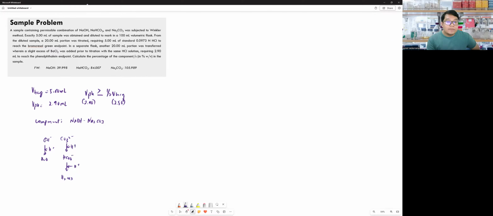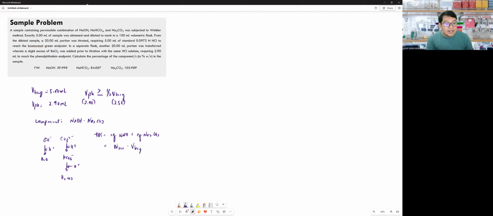Okay. So sa BCG natin, what we can determine is the total basic strength. So TBS is equal to the equivalence of NaOH plus the equivalence of sodium carbonate. Tapos, experimentally, we can do this as N ng HCl multiplied to volume ng BCG.